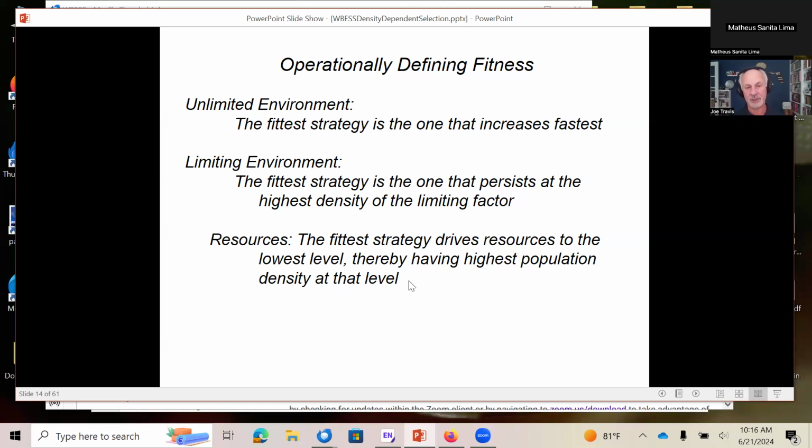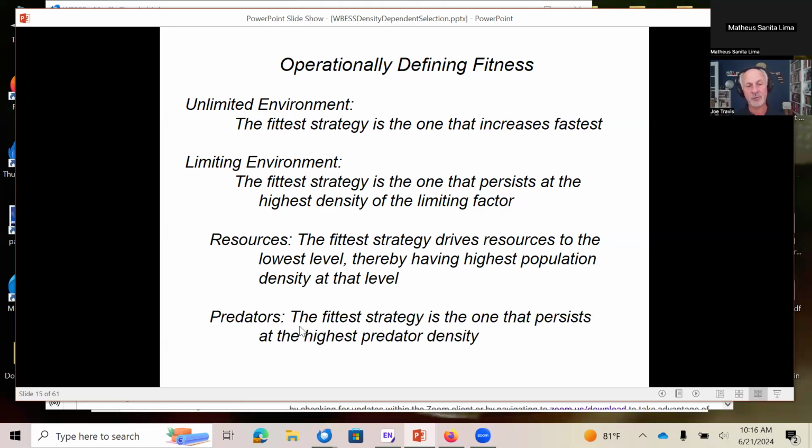That's very similar to Dave Tilman's version of R star in interspecific competition. So the fittest strategy drives resources to the lowest level, a level that it can persist on, but the other strategies, be they phenotypes or genotypes, however you're looking at it, can't persist at that level, and thereby our fittest strategy has the highest population density.